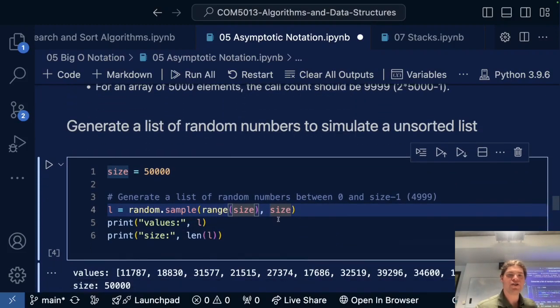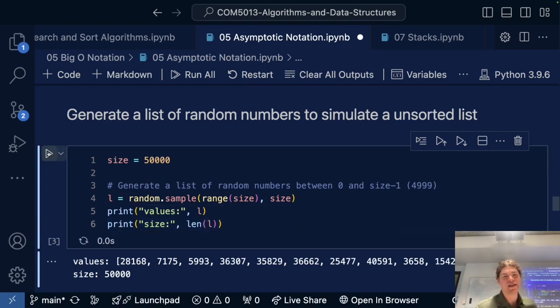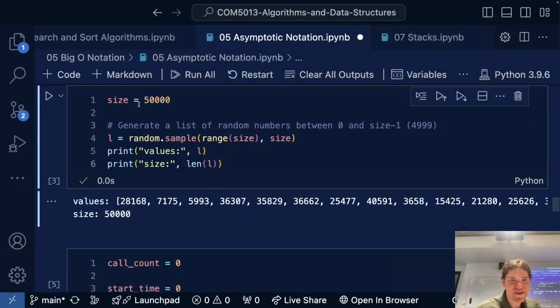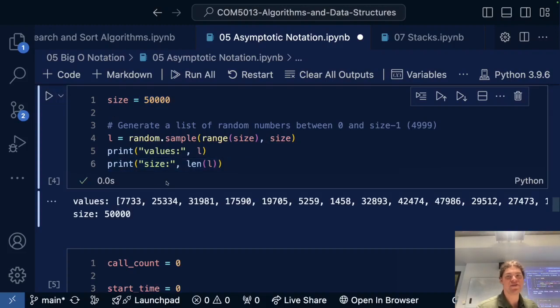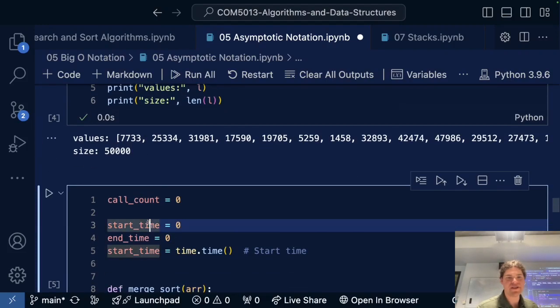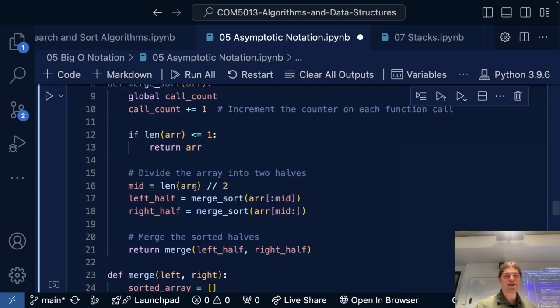It should allow us to do things in a much faster time. That's the bottom line. As we see here, 50,000 elements, call counts, size is that. Here's an example of merge sorts. We'll unpack it in the afternoon session.